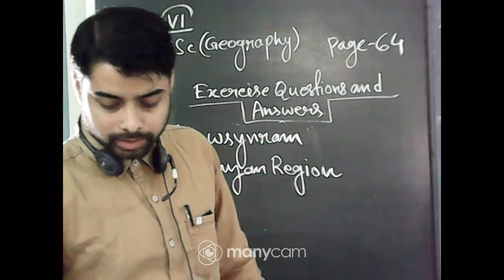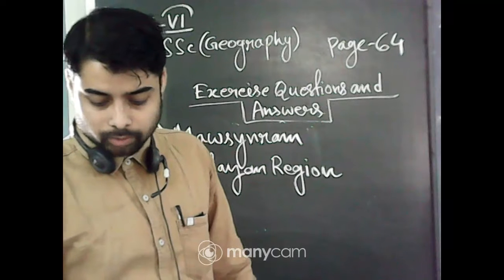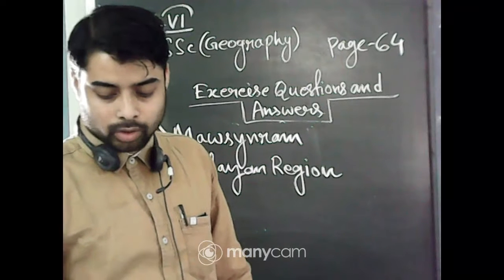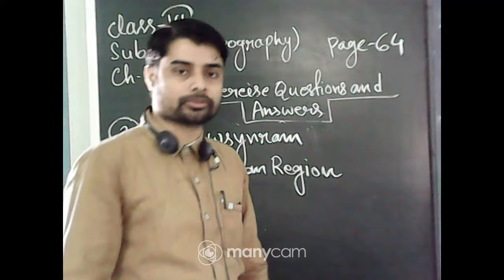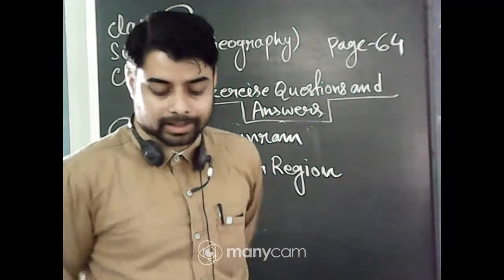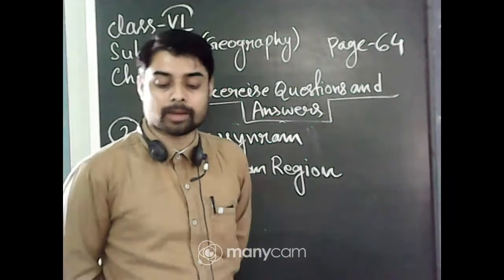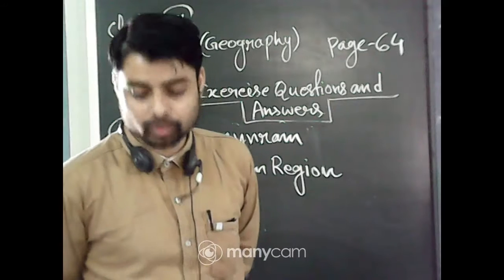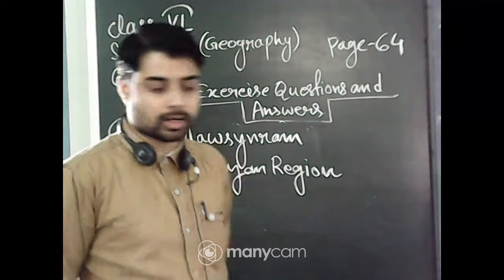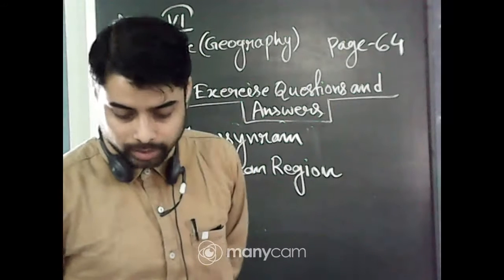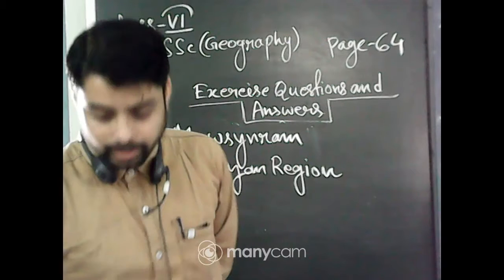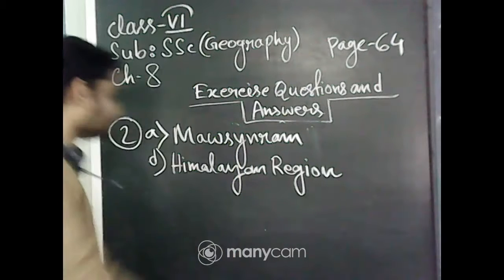Next one, number E: during the southwest monsoon period, the moisture-laden winds blow from option 1, land to sea, option 2, sea to land, option 3, plateau to plains. Which will be the correct answer? Students said sea to land, most of them, and it is the correct answer.